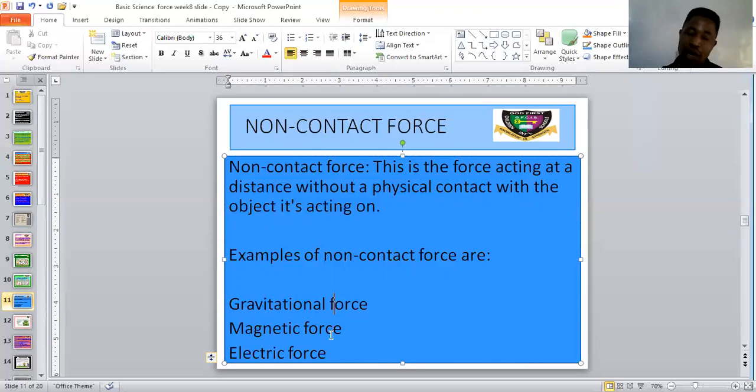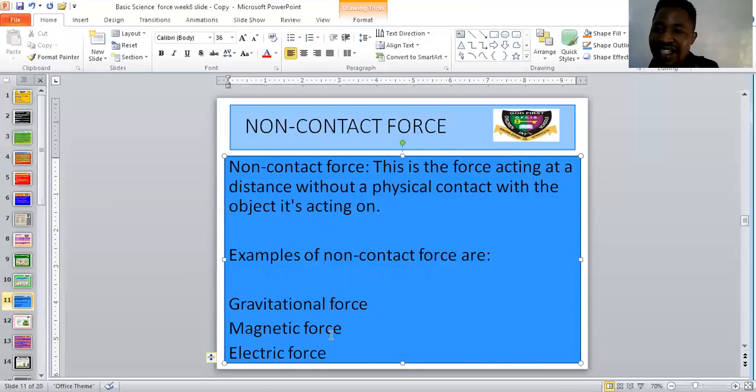There's another experiment I want you to carry out. Get a flat table in your house. Put a magnet underneath the table and put a metal, probably a nail, on top of the table. Make sure the magnet is touching the bottom of the table.